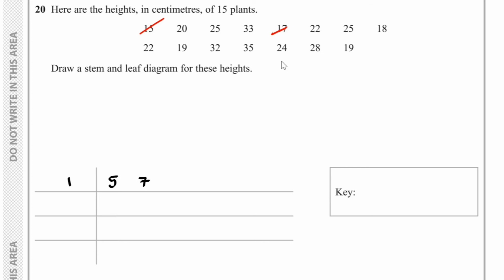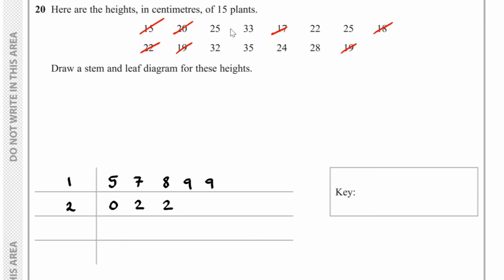After that we've got the 18. And then we've got 19 and another 19. So let's cross those off. And then we've got 20. So let's cross that off. And then we've got 22 twice.